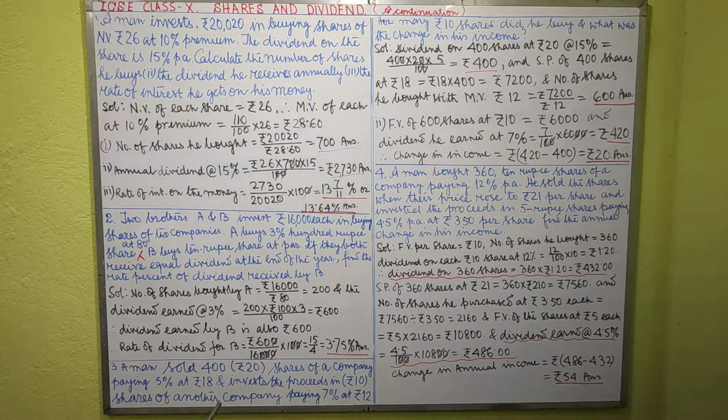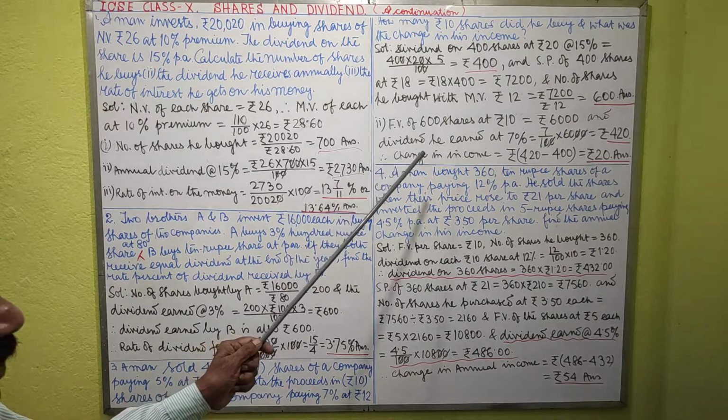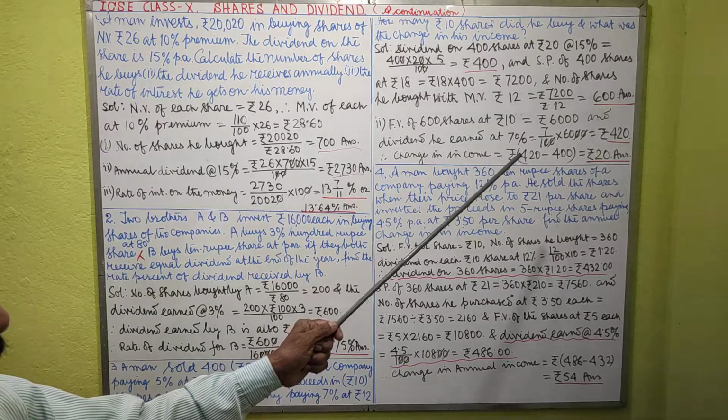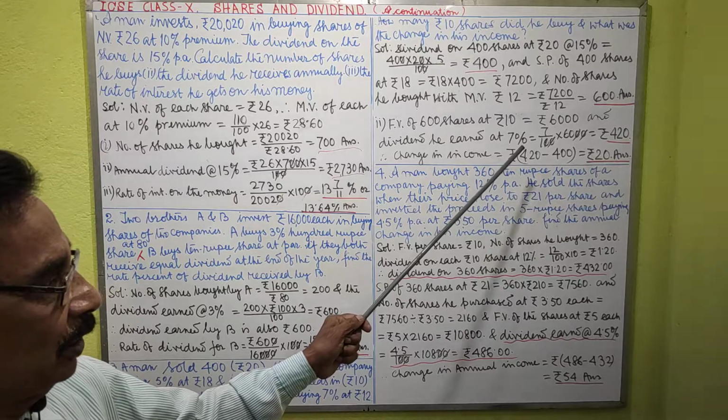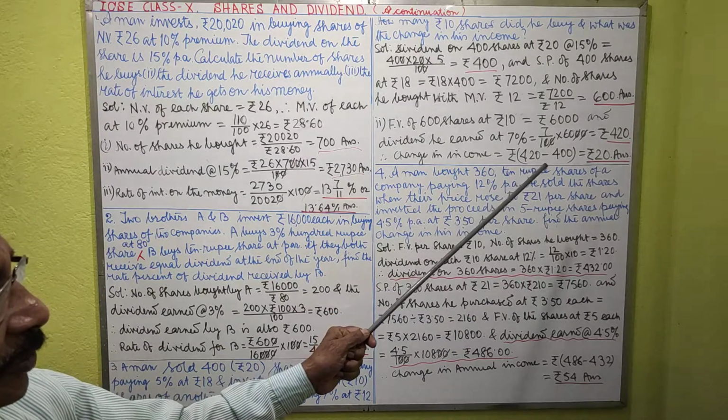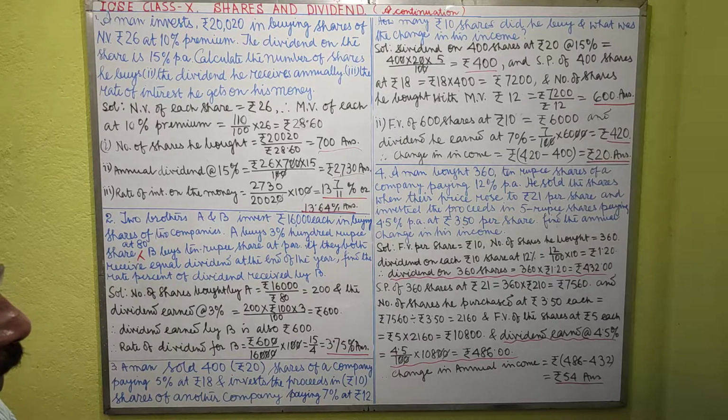So he earned this from selling 400 shares. And the number of shares he bought at market value 12, the second type, is 7,200 by rupees 12, that is 600 shares. The face value of 600 shares at rupees 10 equals 6,000, and the dividend he earned at 7% equals 7 by 100 into 6,000, that is rupees 420.